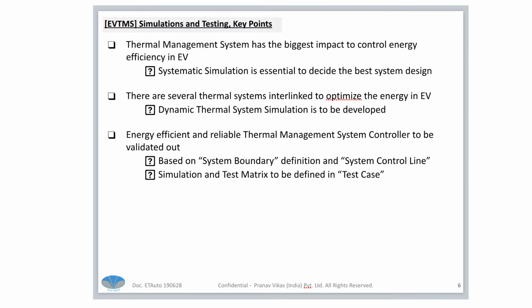If I summarize what I showed, the thermal system in an EV is the biggest power consumption area. So systematic system simulation is very, very important. Without it, you don't know if it is optimal or not. There are several different thermal systems in this big system, and you need an interrelated link.